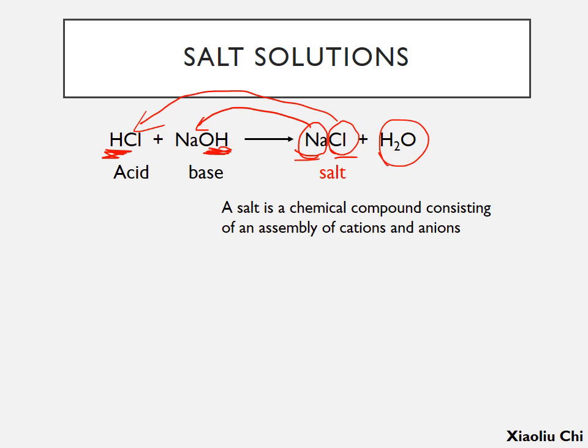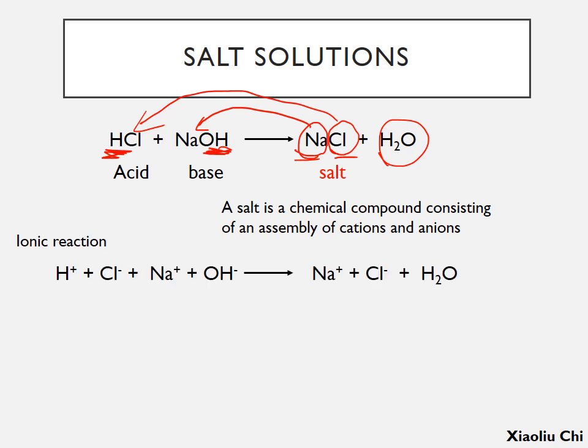Now the reaction can also be written as an ionic reaction. Because a strong acid is also called a strong electrolyte, which means it completely ionizes to two ions, hydrogen ion and chloride ion. Remember, this only happens to strong acids.